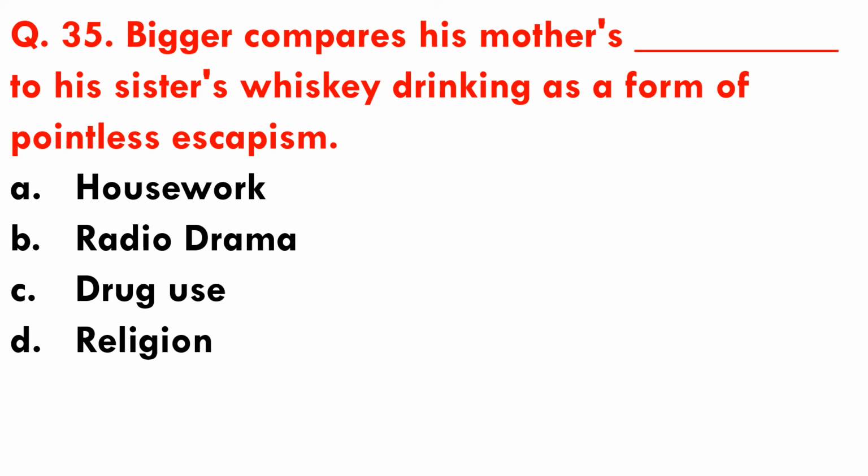So what are their forms of escapism? Bigger's sister has her escapism in drinking whiskey, whereas Bigger's mother has her escapism in following all the religious rituals. So here option D is the correct answer. Bigger compares his mother's religion to his sister's whiskey drinking as a form of pointless escapism.